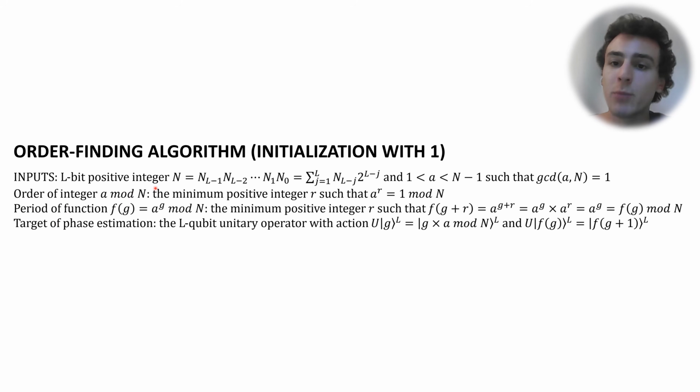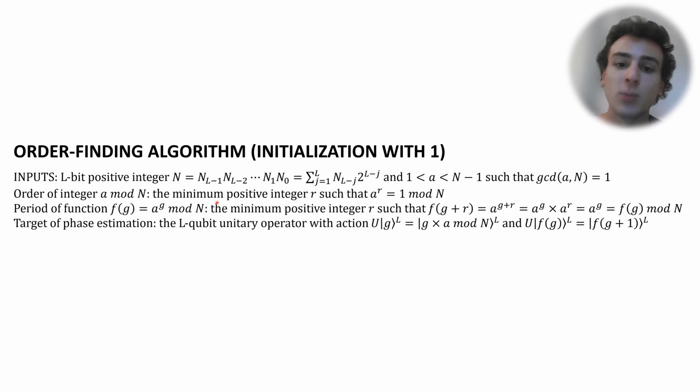Those are the two inputs. So we have a and n. They are the positive integers, which are the inputs. And we're trying to find the order of a mod n. And it's very important in this definition that we consider the word minimum. We're looking for the minimum positive integer, denoted by r, that satisfies this property. So there are other integers that could also satisfy that property, but we are specifically looking for the minimum.